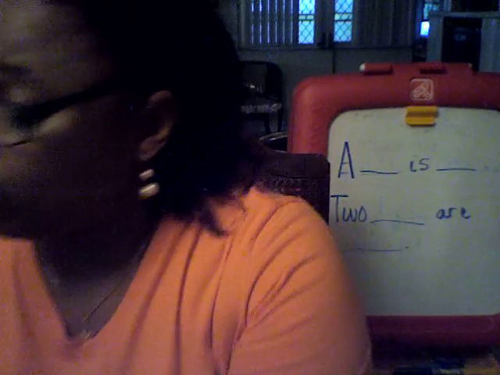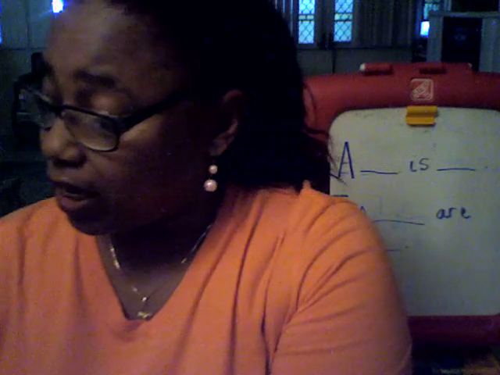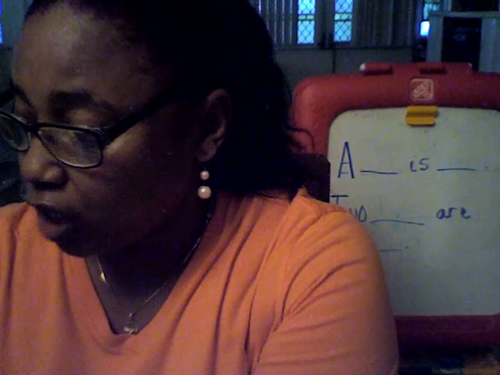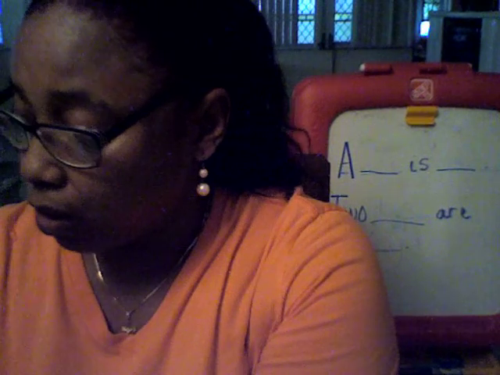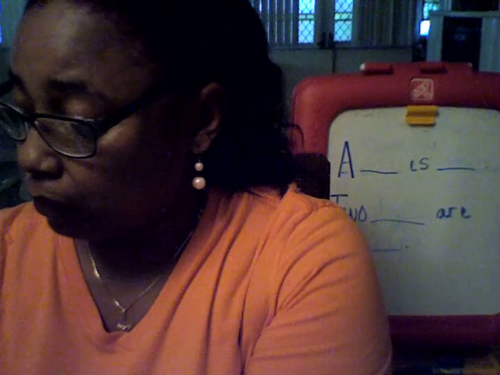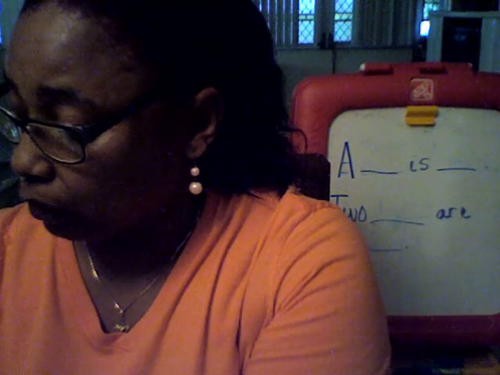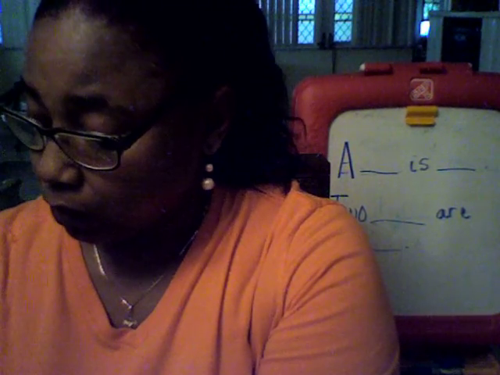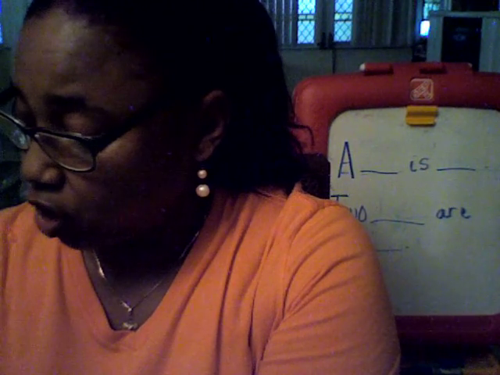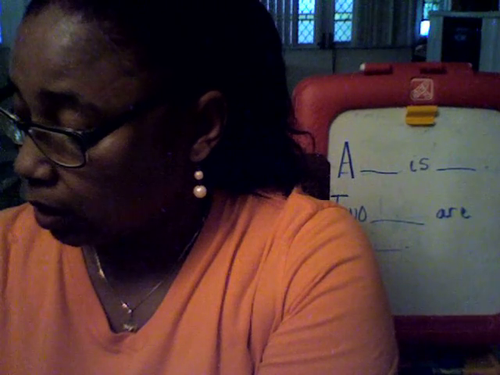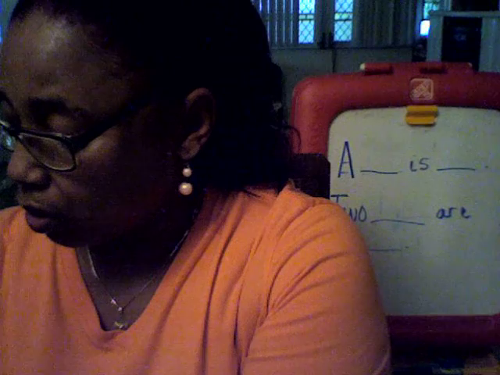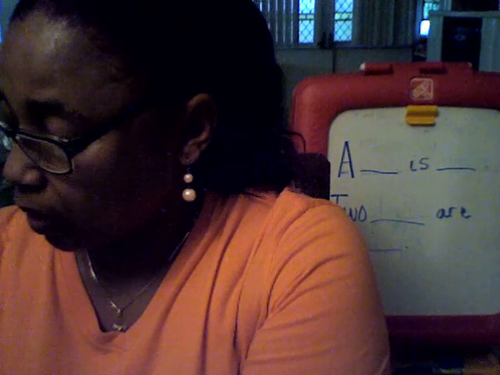Now, if we wanted to use another verb, let's say we're going to use was and were. So, the chick was sitting. The chicks were chirping.